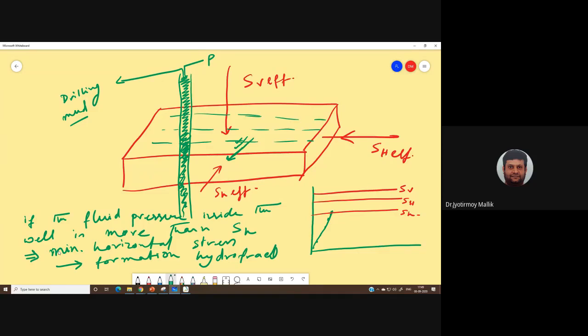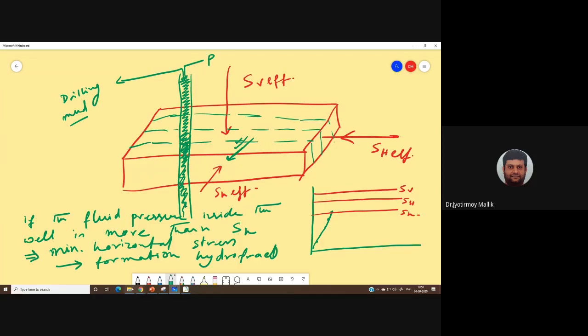Hydrofracts means it actually creates fractures. The integrity of this formation is lost. There are plenty of fractures developed in this particular rock. So I increase the pressure in the well so much that it crosses sigma small h. In that case, it actually fractures.